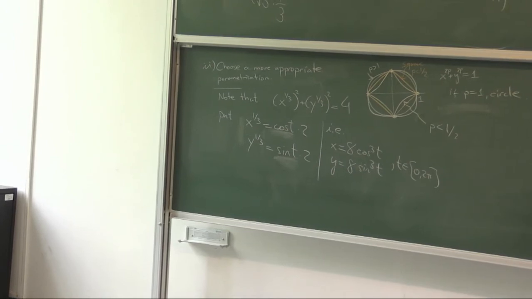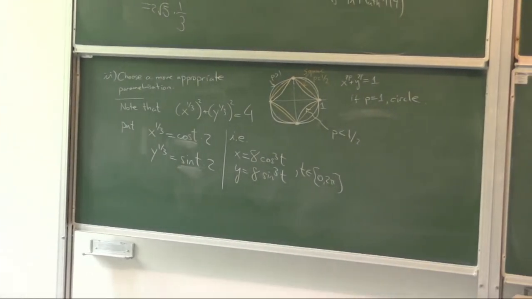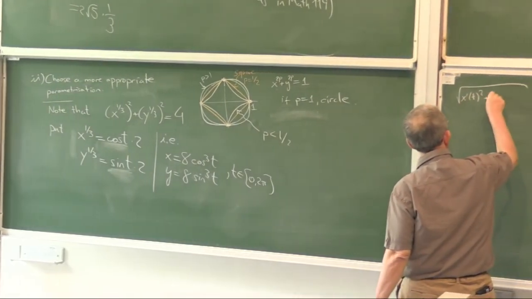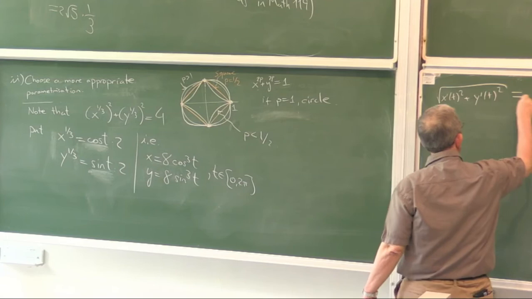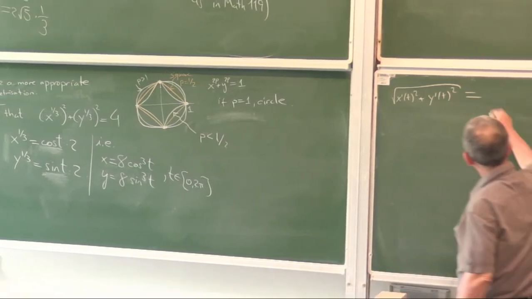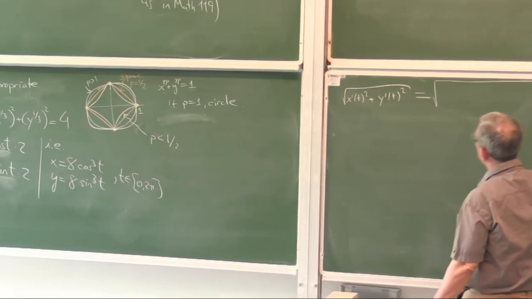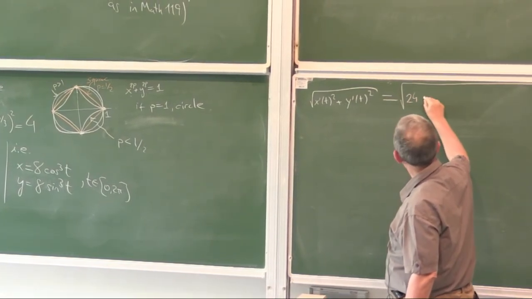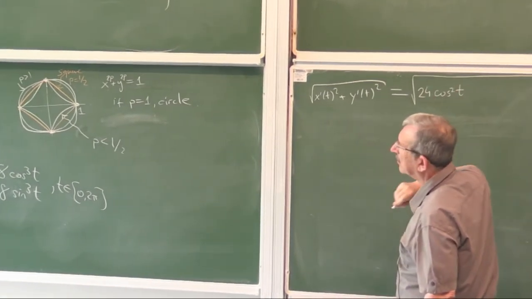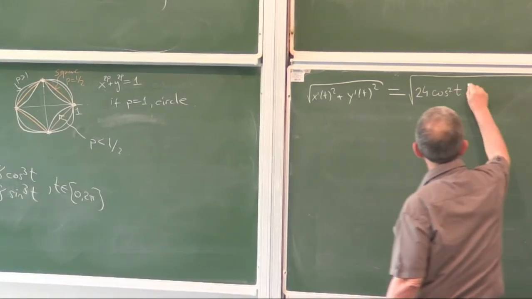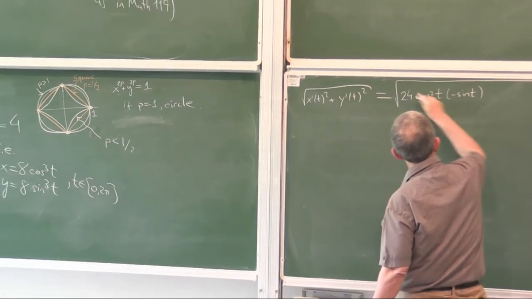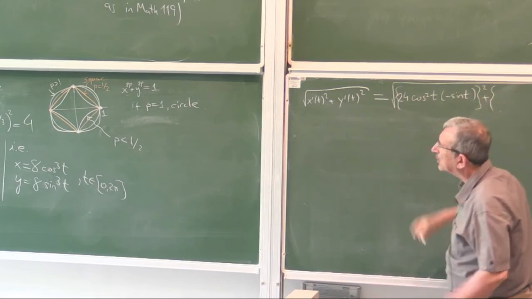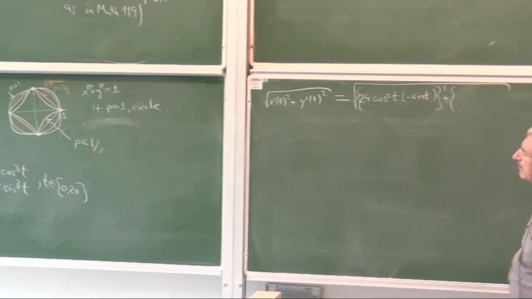Now, with this parametrization, let us calculate the sum of the derivatives squared. This, of course, would be a large square root. You would have 24 cosine square t times minus sine t, this will be squared, plus the other one taken derivative and squared.